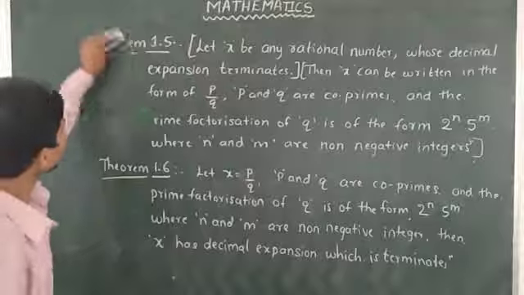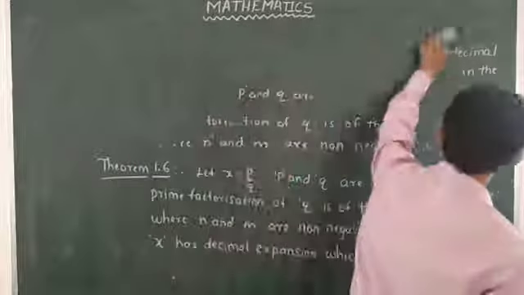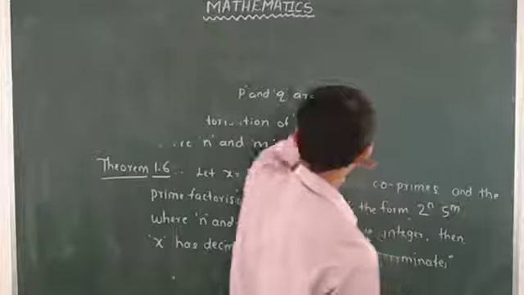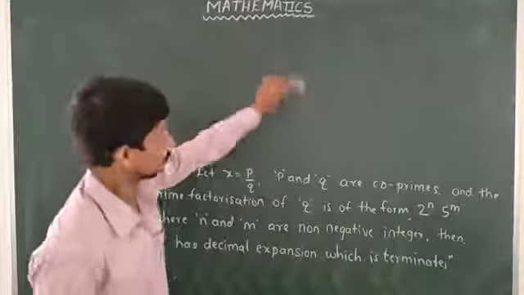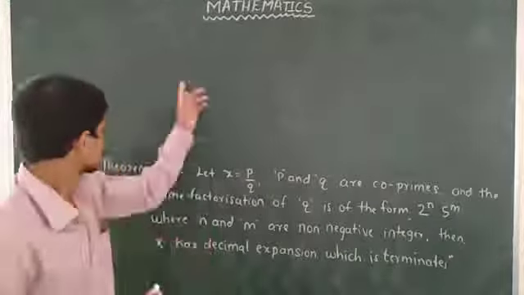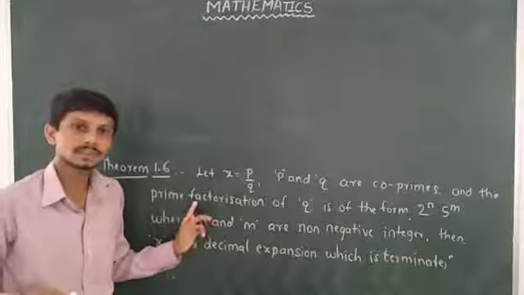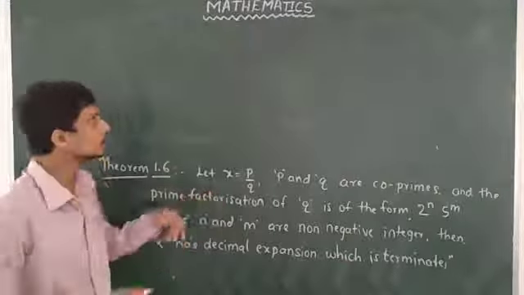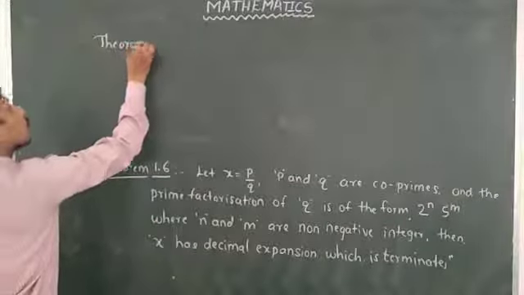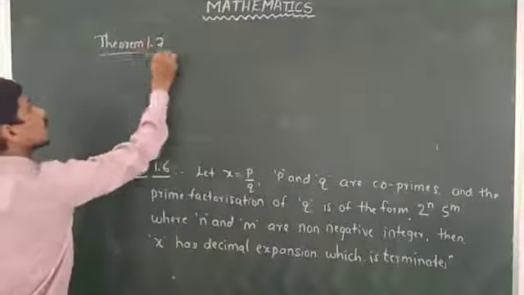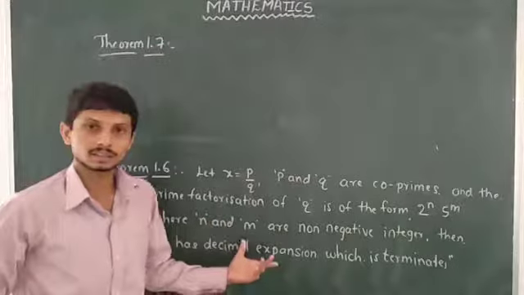So I will write theorem 1.7 here. We compare theorem 1.5 and 1.6: theorem 1.6 is the inverse of theorem 1.5. Then we have to write theorem 1.7, which is quite simple.